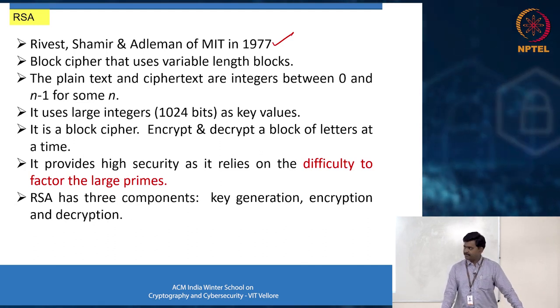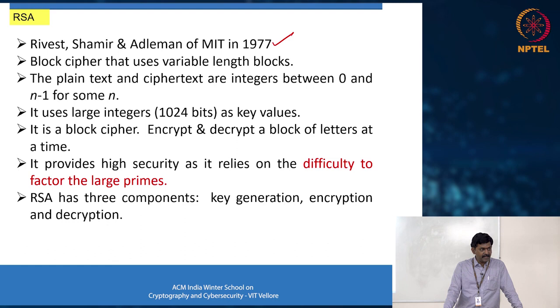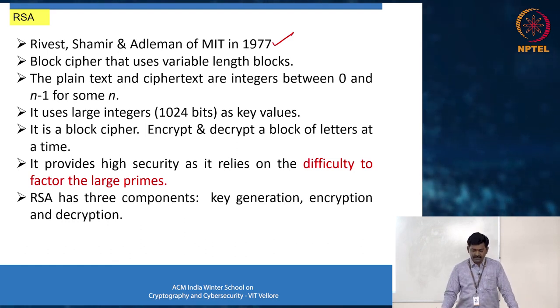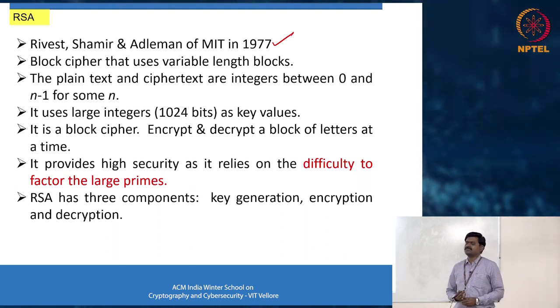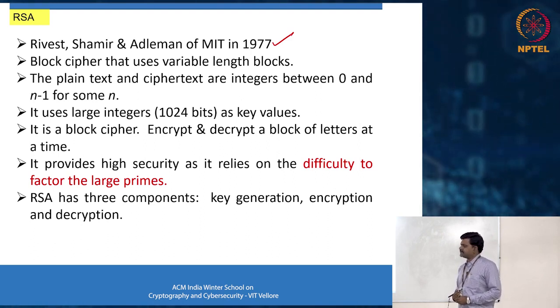And what type of mode is it? It's a block cipher. What does it mean? It divides the plain text into multiple blocks and performs operations on them. Okay. And so far, if you have noticed, with DES, are we playing with numbers or alphabets?